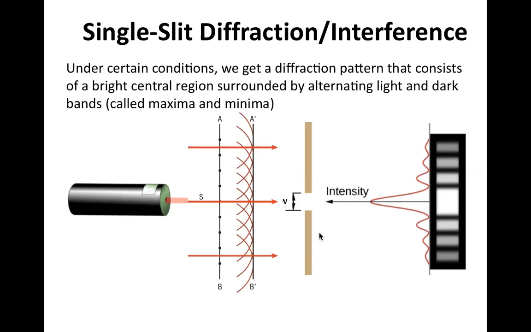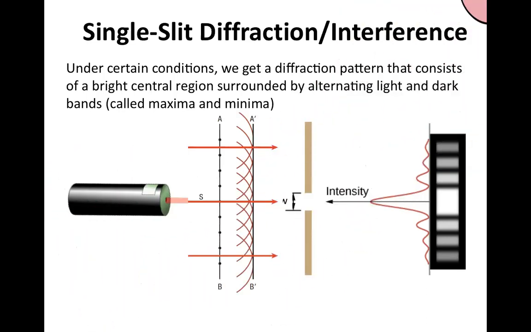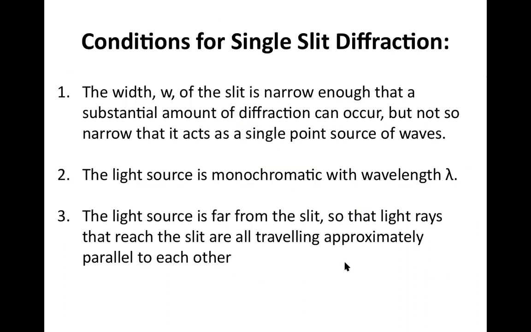And if the hole is small enough, the limited number of wavelets that go through will interact, causing diffraction. Oh, I said wavelet, not piglet. And ultimately, these are regions of constructive and destructive interference.